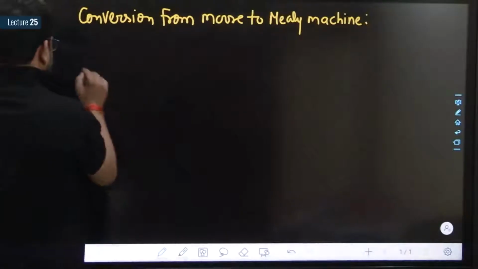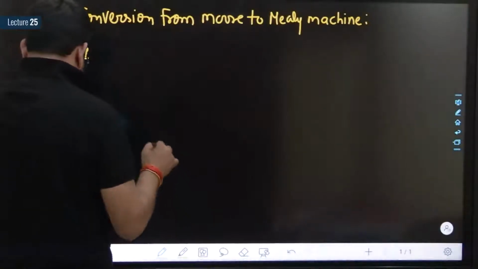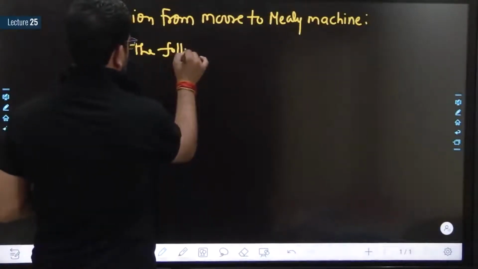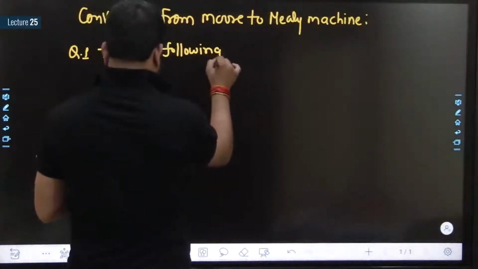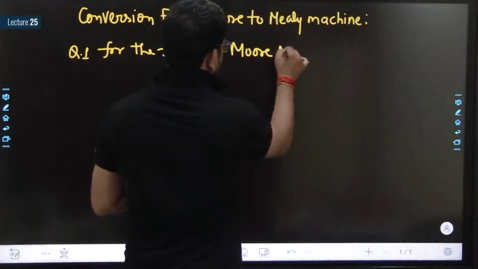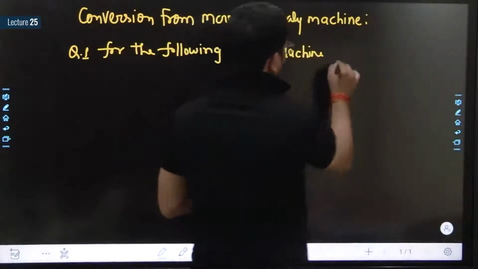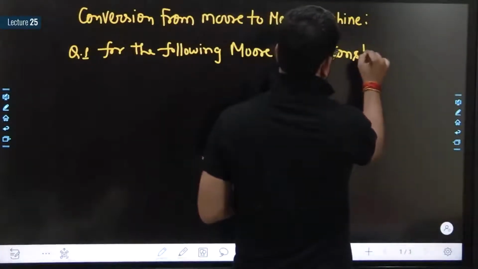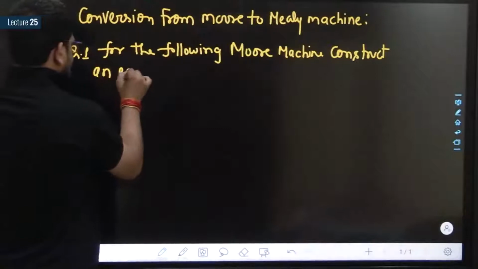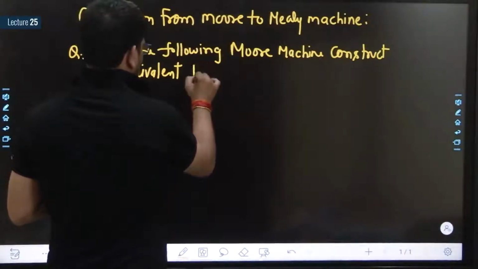See the first question. For the following Moore machine construct an equivalent Mealy machine.